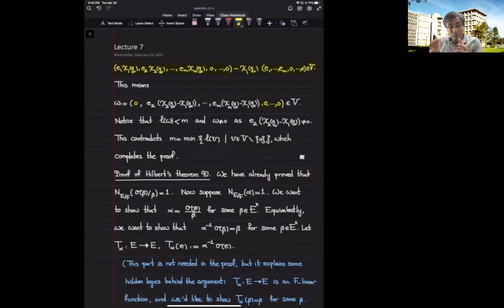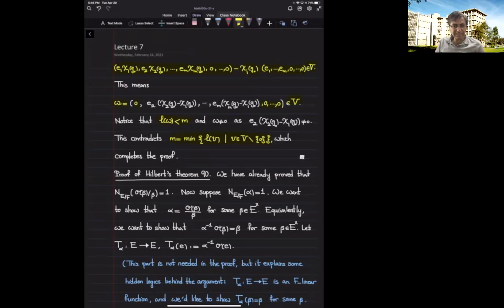So now I get more zeros inside my vector, which is inside V. This means that the length of W, L of W, is strictly less than M. I added one more 0 to this. But that's not possible if W is not 0, because among the non-zero ones, the smallest length was M. Now I'm getting something smaller. So the only possibility is that W should be 0.